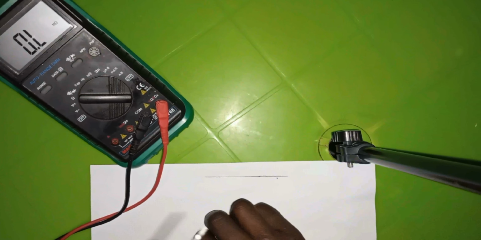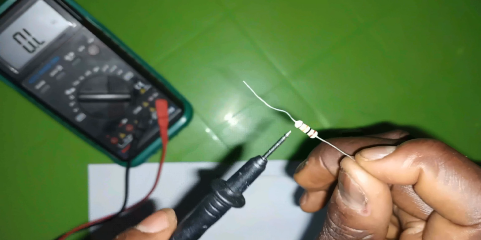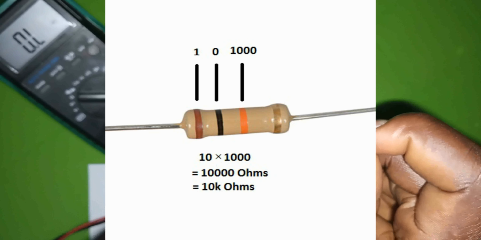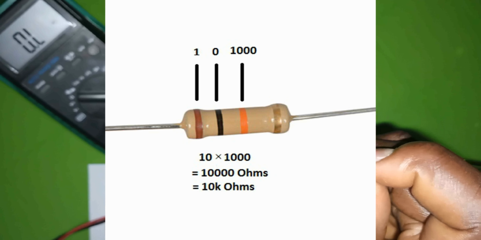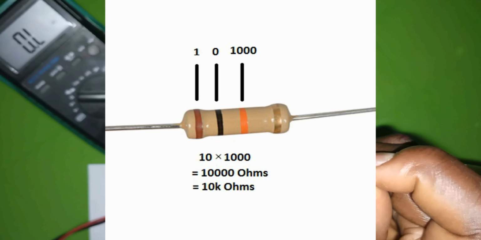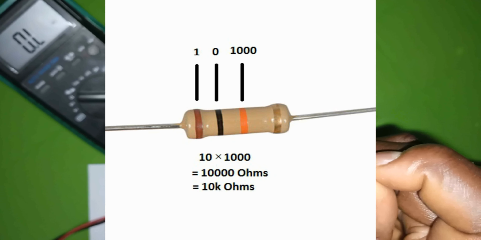Now the third one is almost the same thing but with different color bands. Here I also have gold at the extreme. On the opposite side, I have brown, black, then orange. Brown is 1, followed by black, which is 0, so that is 10, with the 0 beside the 1.